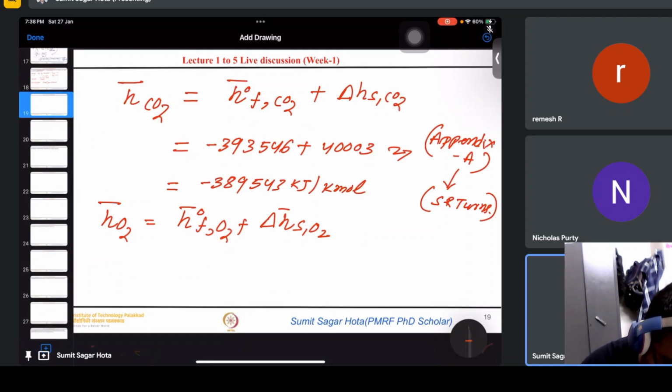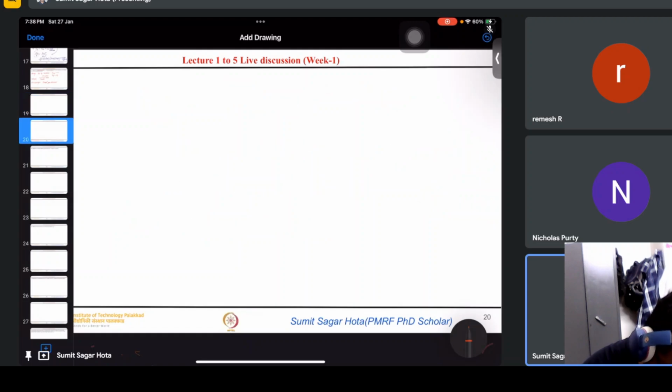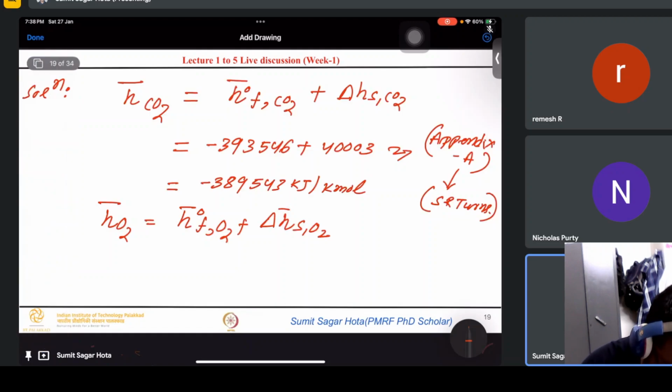For that, 4003 is required. That is what I mentioned. Similarly, oxygen is already there, so its enthalpy of formation is 0, because it is naturally occurring.